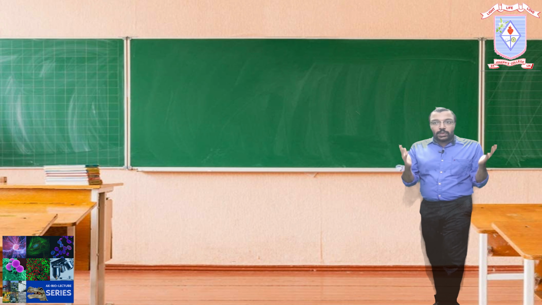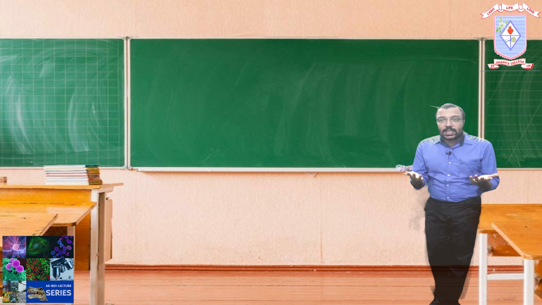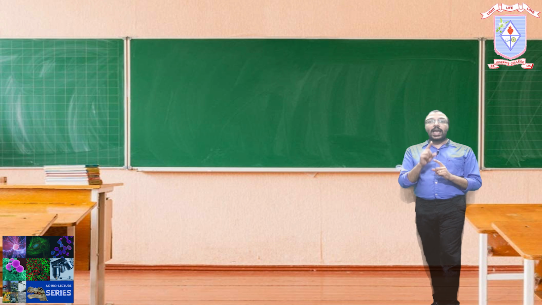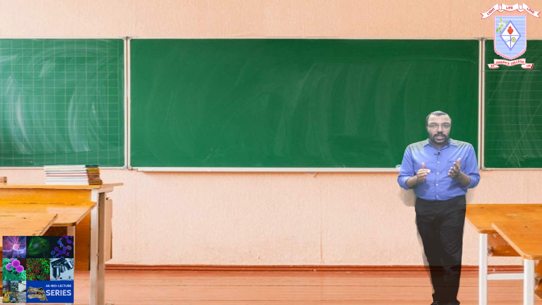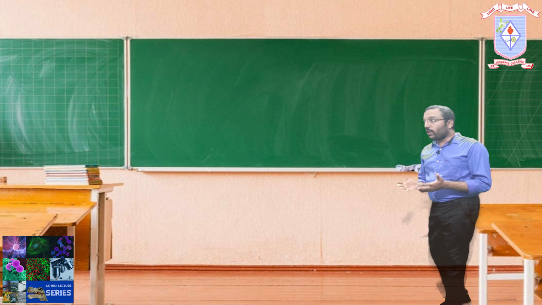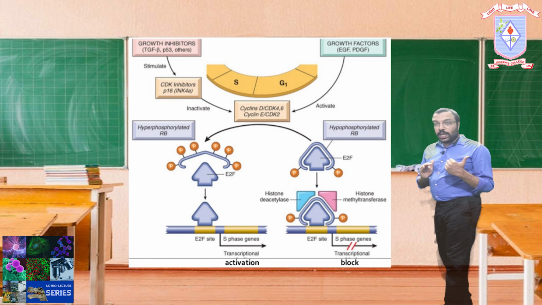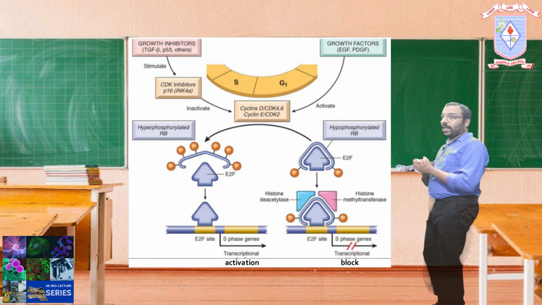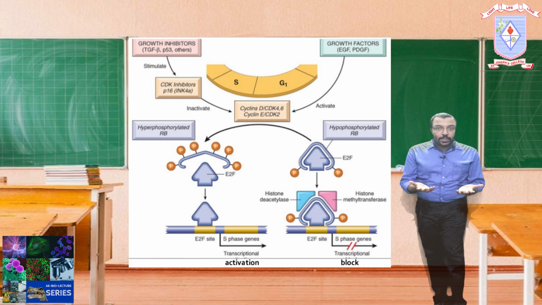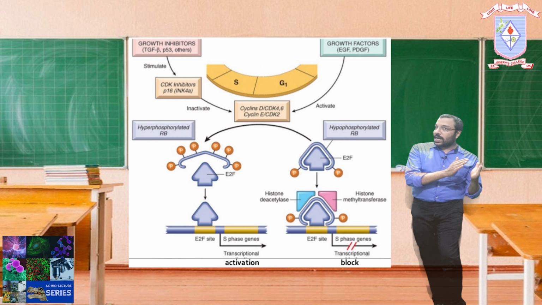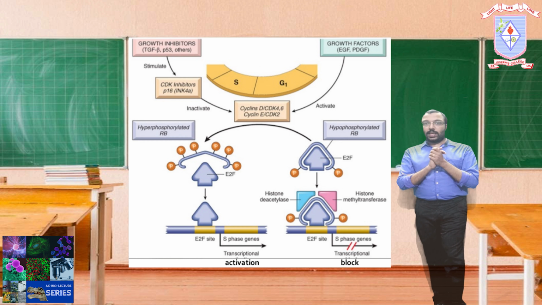The continuous phosphorylation at various sites of a single protein can be simply called sequential phosphorylation. The sequential phosphorylation transforms the hypo-RB into hyper-RB. At this stage, hyper-RB dissociates from HDAC and E2F protein.